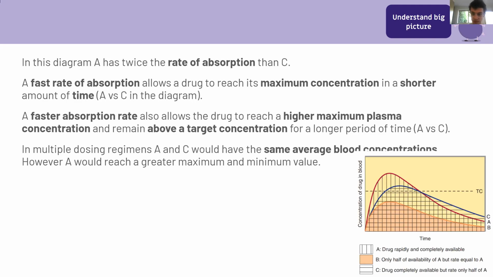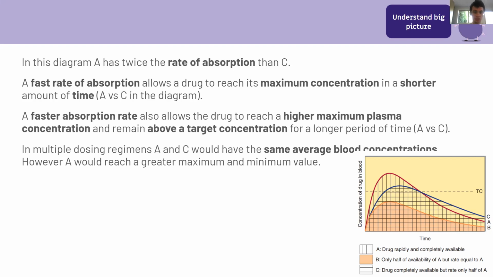Here I've got a diagram, which is essentially the same drug given, but with different rates of absorption. A fast rate of absorption, as you'll see here, will allow drug A to reach a maximum concentration in a shorter period of time than drug C, even though both these drugs have the same average blood concentration.